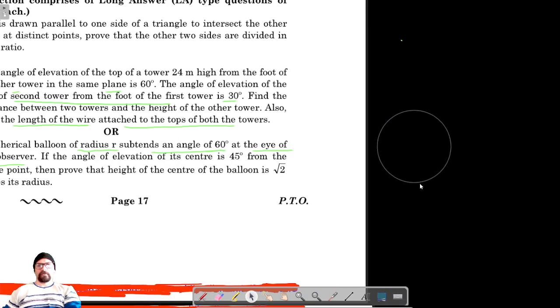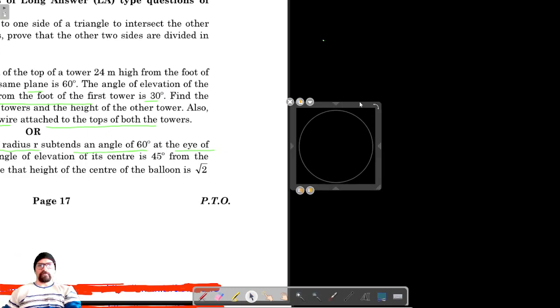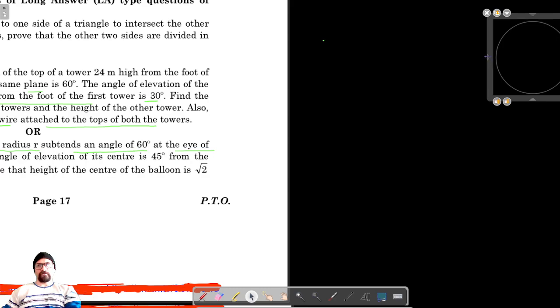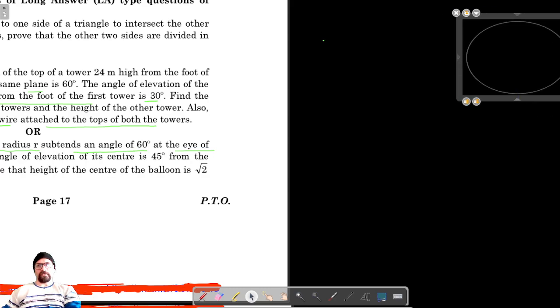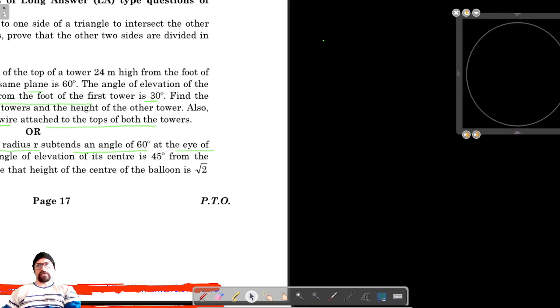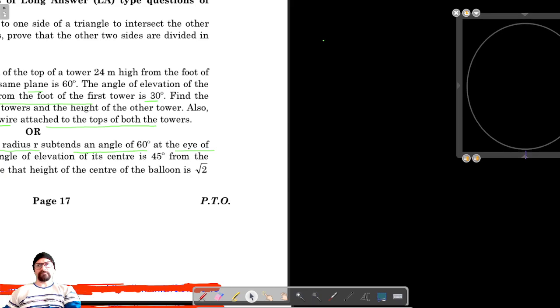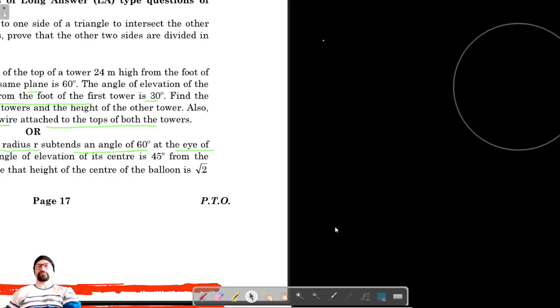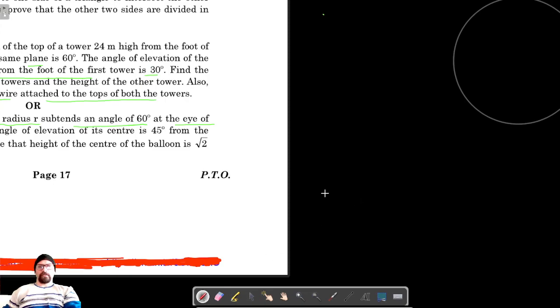Let's say this is the spherical balloon, and this spherical balloon is going to subtend an angle of 60 degrees at the eye of the observer. Let's say our observer is here, B, and this is the eye of the observer.